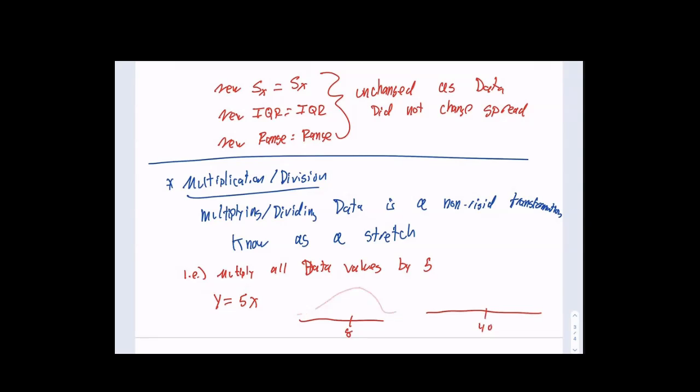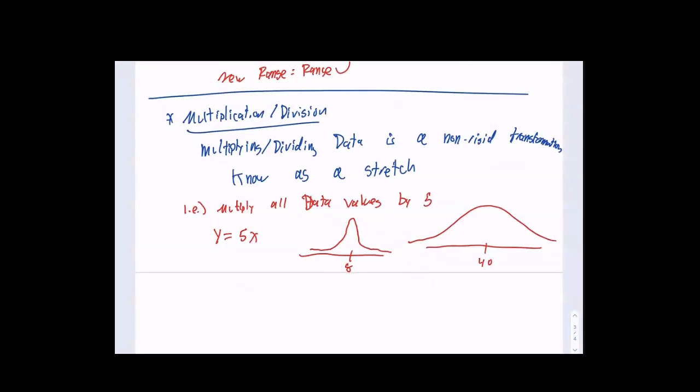I want to emphasize this a little bit more. Let's say it's on the same scale. If this is what it looked like here, and it was 8, you see how the spread is very small, very compact, very consistent. My new spread would be around 40, but not only would it be around 40, it's much more spread out now.